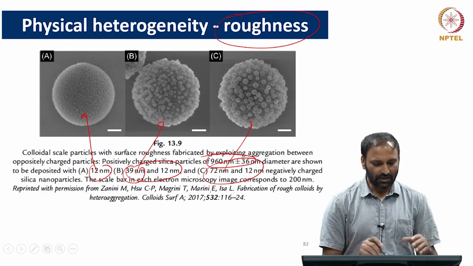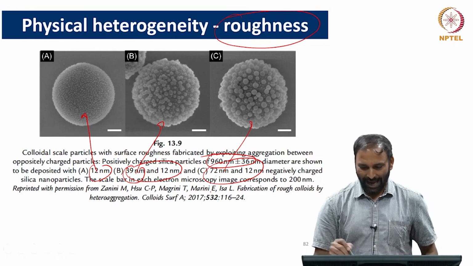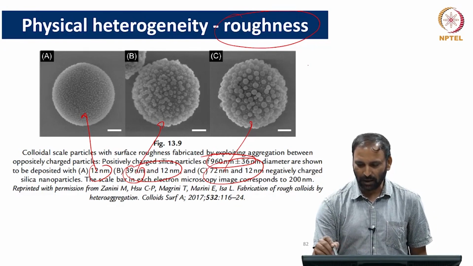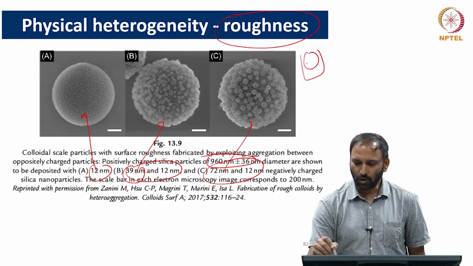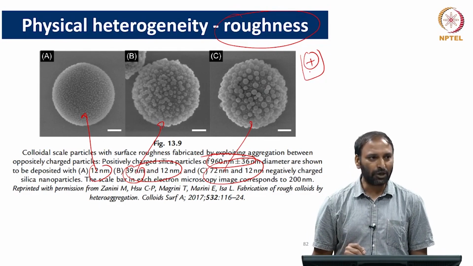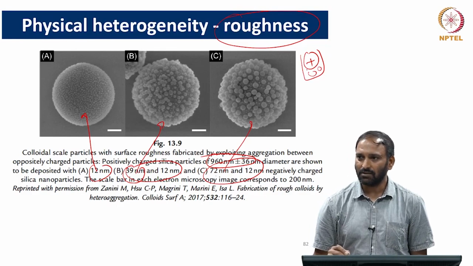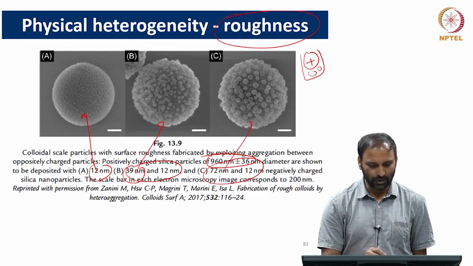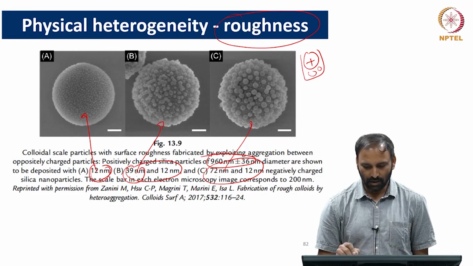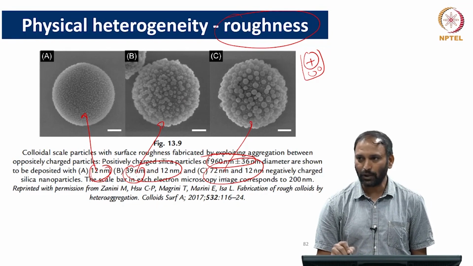So, these are examples where I have a large positively charged particle, put into a solution which has negatively charged particles of different sizes. In one case only 12, second case a mixture of 39 and 12, a third case a mixture of 72 and 12.